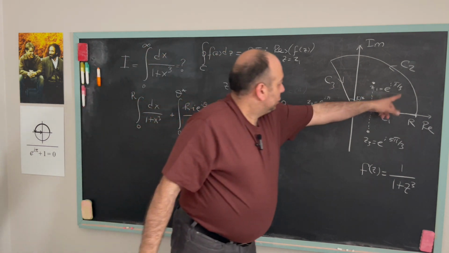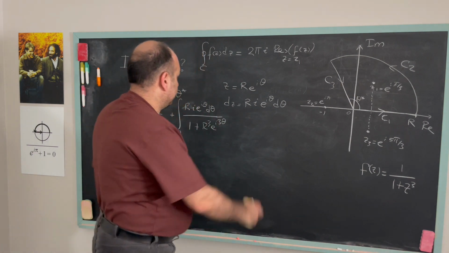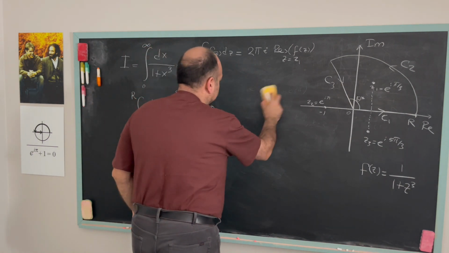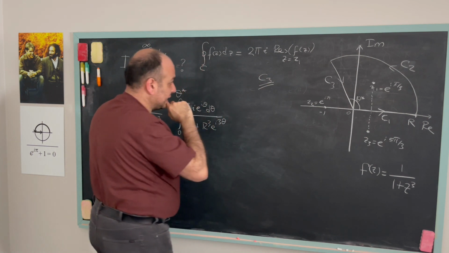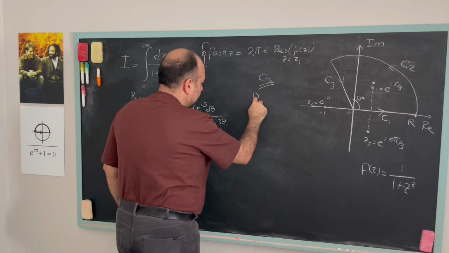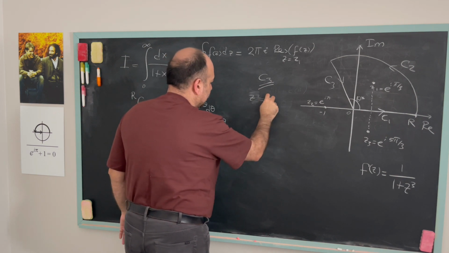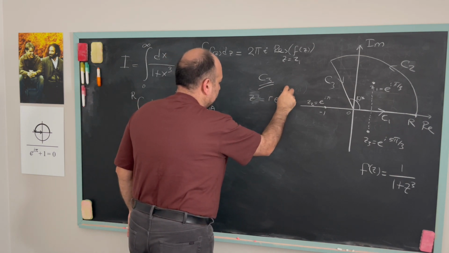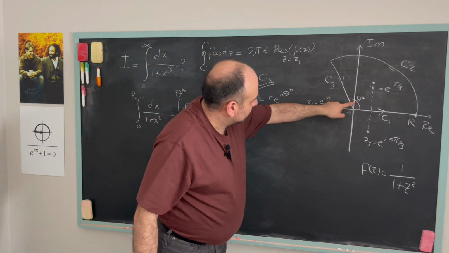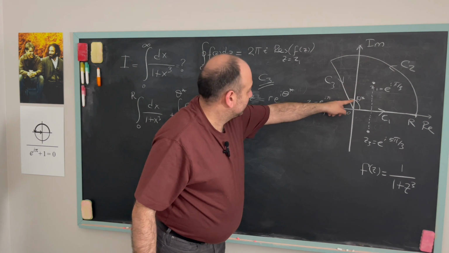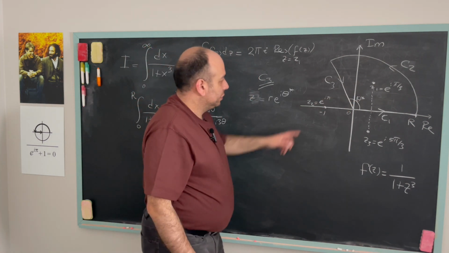After C2, we are now moving on the C3 line. Let's see what happens on C3. If we are moving on C3, my z variable changes as r times e to the i theta star. So all the theta values are equal to theta star in terms of polar coordinates, but my r is now a new variable.